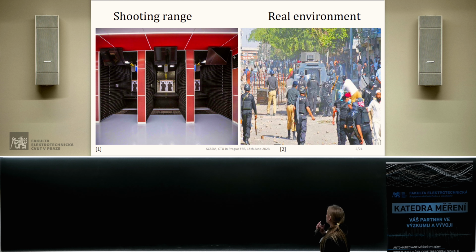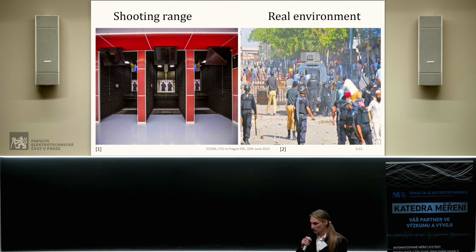To begin, it's good to say why we want to find shots in a dynamically changing image. The answer we can see from the difference between these pictures, because here we have a shooting range, and in the second picture is a normal real environment.